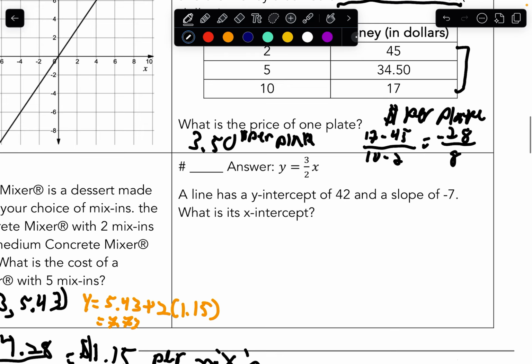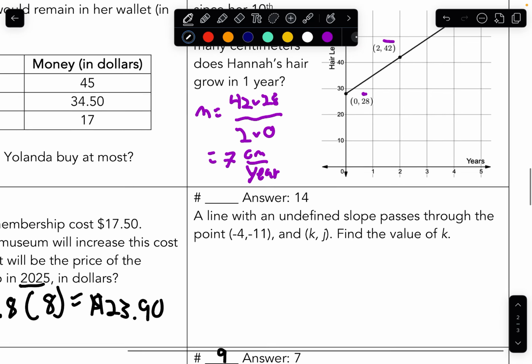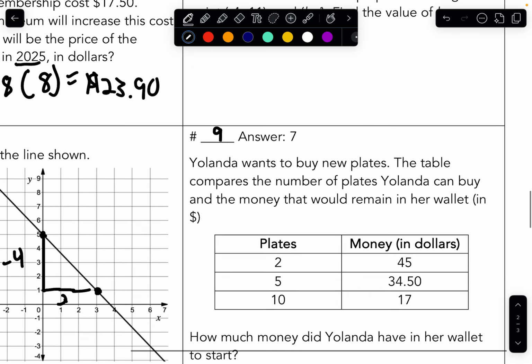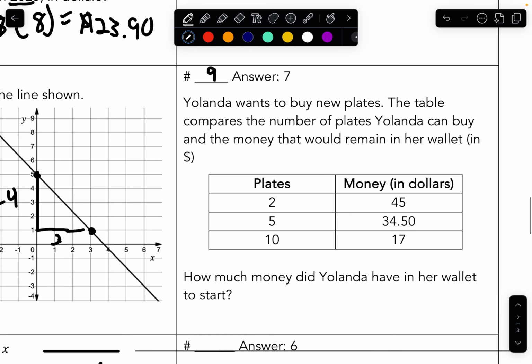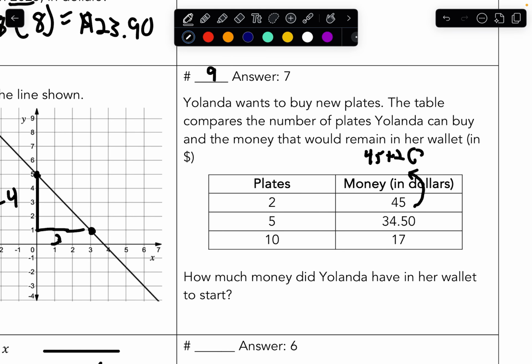So if each plate costs $3.50, for this question about how much money Yolanda has in her wallet, each time she buys a plate, it's $3.50. She bought 2 and she had $45. So we double $3.50 and that's 7. Going backwards, we would go 45 plus 2 times $3.50 because each plate was $3.50.